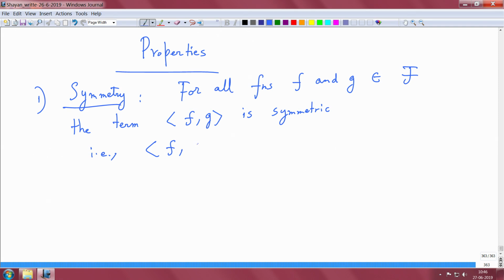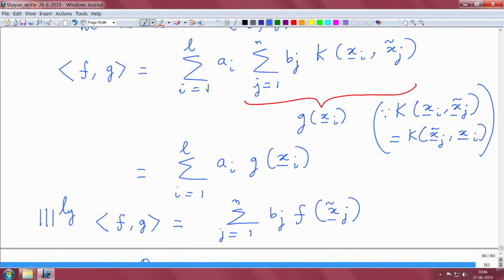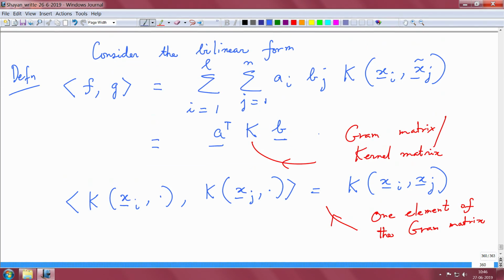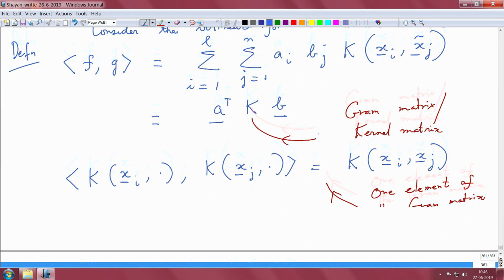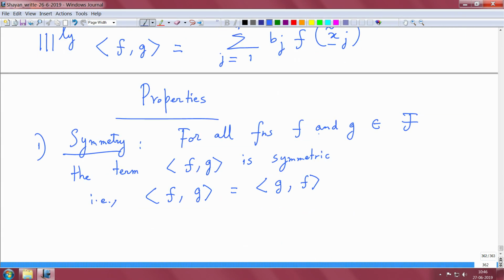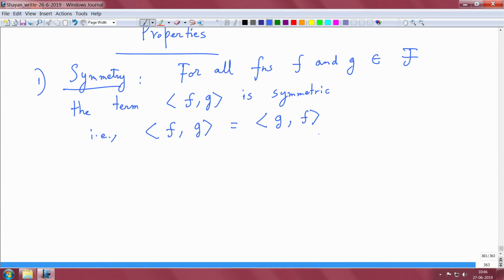Which means I take the inner product of f and g in one way, which can be expressed as the same as the inner product between g and f, and this inner product is this notion of bilinear form that I started with. So if you invoke the bilinear form precisely from this definition, if I exchange f and g in terms of my arguments, it is the same. So therefore this inner product is symmetric.